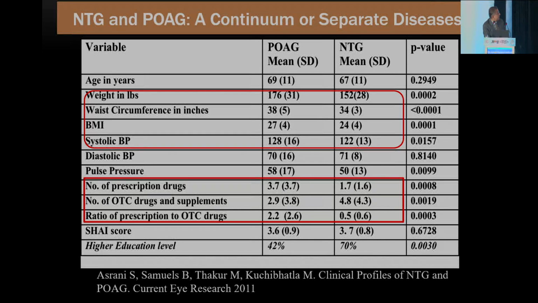Higher education level means more normal tension glaucoma. We were a little hesitant to publish this. Of course, we got a lot of pushback from the reviewers, but I was pleasantly surprised to hear from Jost Jonas and Vinay Nangia that in the central Indian study also they found that those people who had low CSF pressure had much higher education.